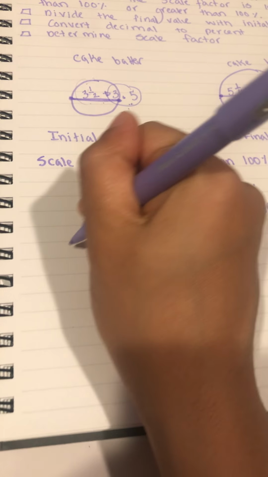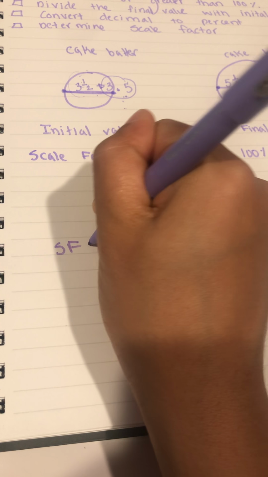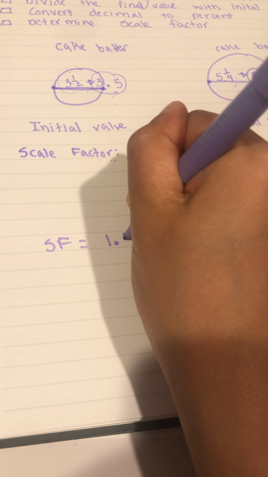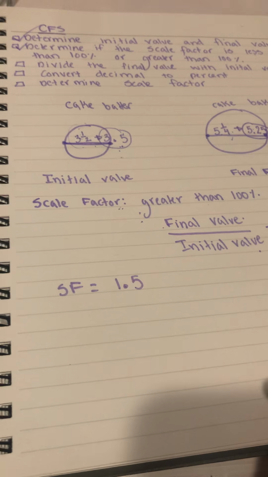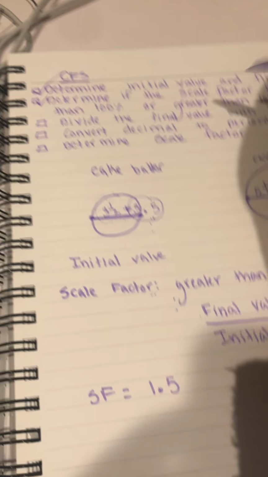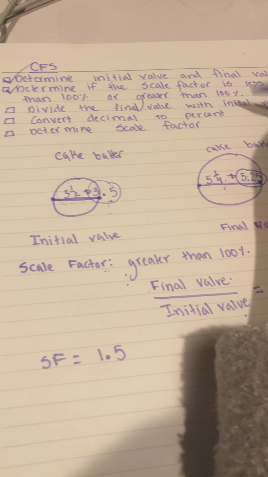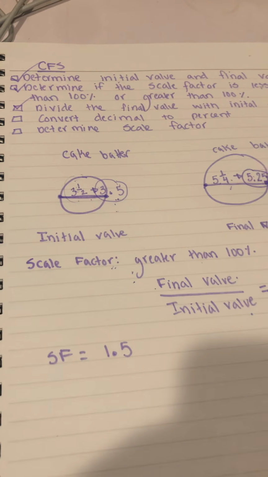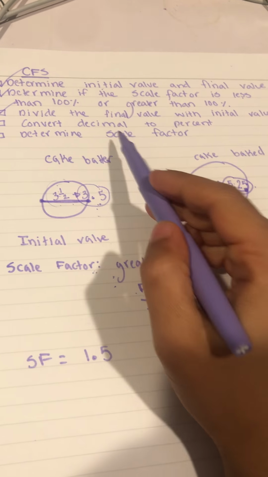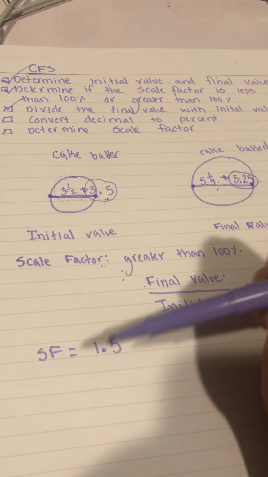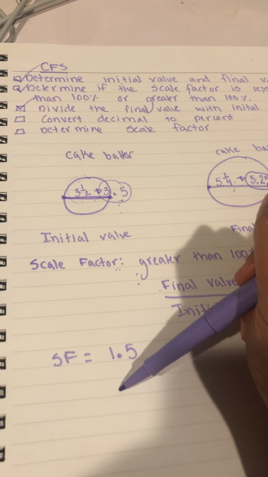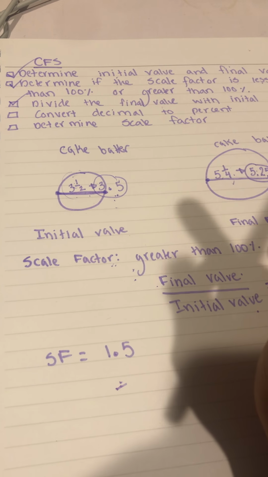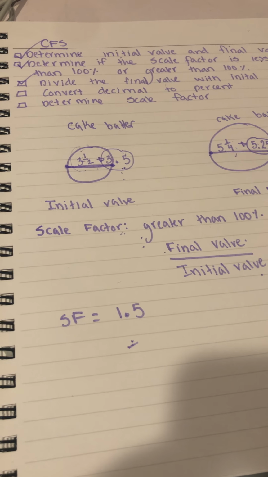Okay, so the scale factor is 1.5, but here's the catch. In our CFS we did a check here. We divided the final by the initial and we got 1.5. That is my scale factor, but it's not the percentage. And the question is literally asking, what is the percent? It says, by how much did it expand?